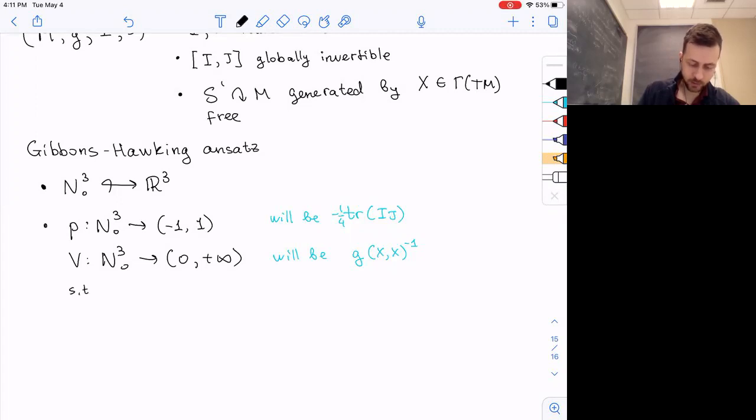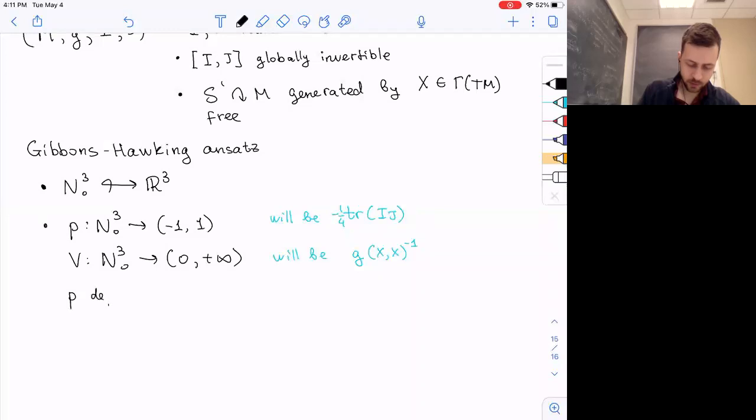There are several of them. Maybe I should mention that the function P defines explicitly a metric H on N. So maybe I'll write it explicitly to recall that setting.